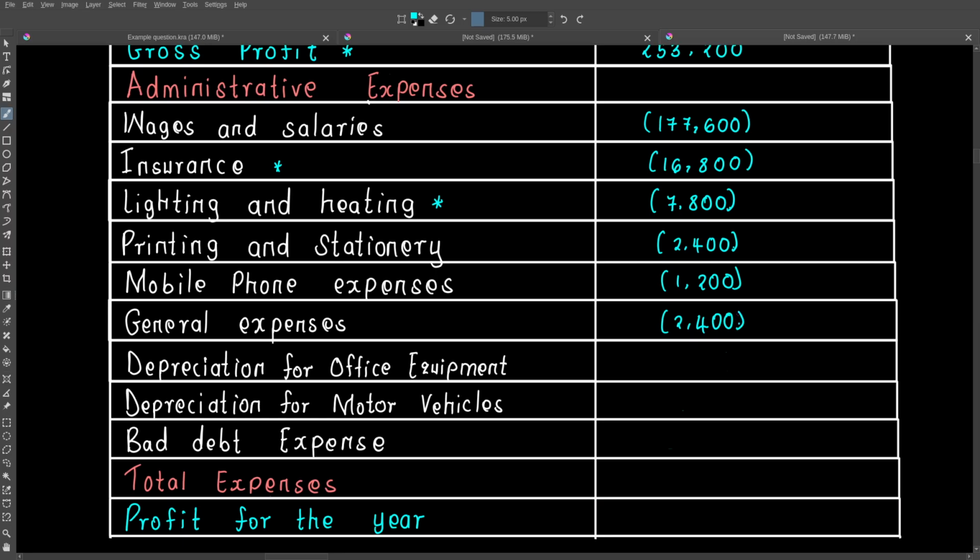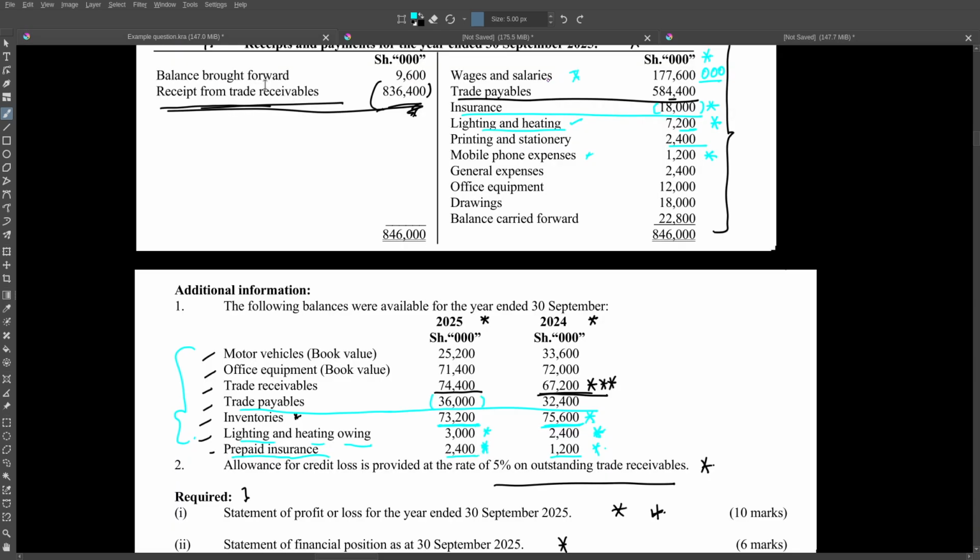Up to that point, we have included wages, insurance, lighting, printing, mobile, and general expenses. And then you can see here there is office equipment, drawings, and balance carried forward. When you look at additional information, there is motor vehicle book value and office equipment book value. Part of the end of period adjusting entries is to make sure you account for depreciation expense in the correct period.